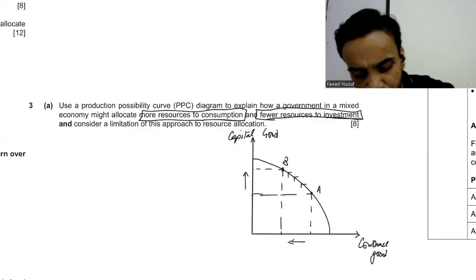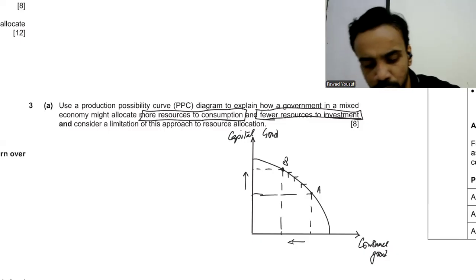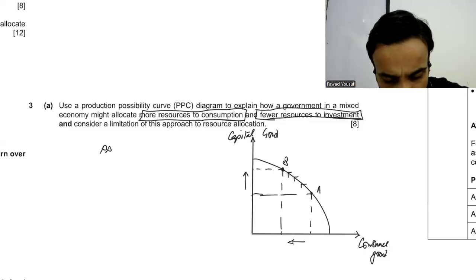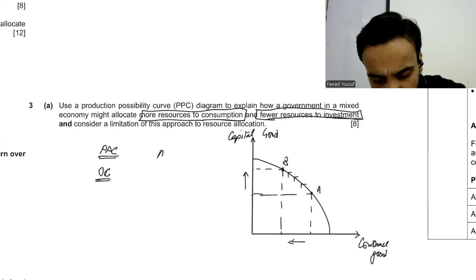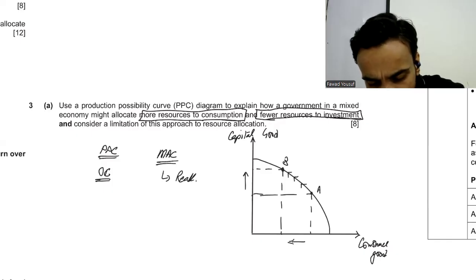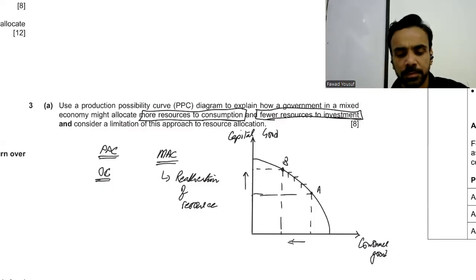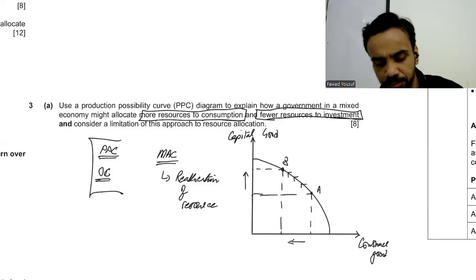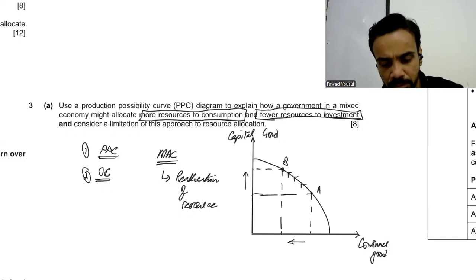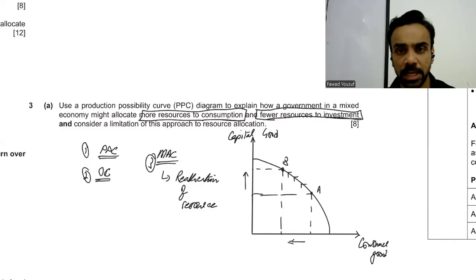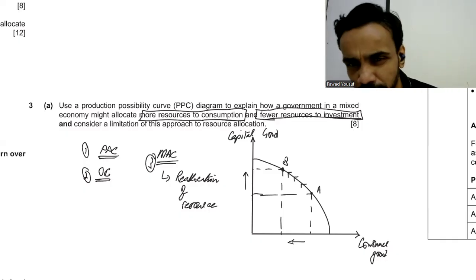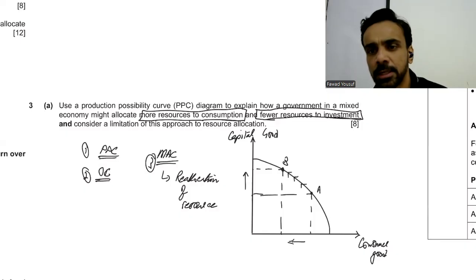You remember I've said before also, जब भी आप ये करेंगे, a few things that you must put in: the definition of PPC, the definition of opportunity cost, the idea of movement along the curve due to reallocation of resources. I should see these three things.